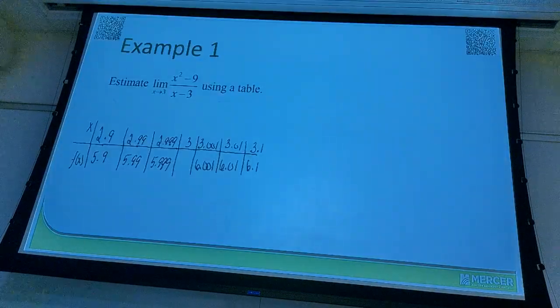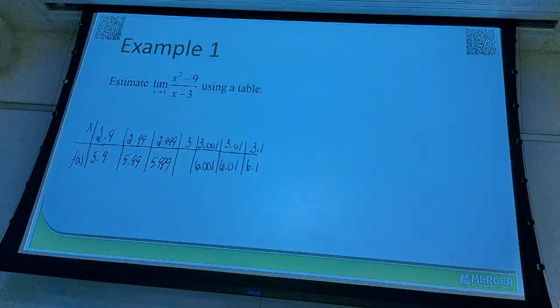And again, what it does at 3 is irrelevant. By the way, what is it at 3? It's undefined. It's 0 over 0, which is undefined. But the limit does exist, right? What's the limit? 6. The limit is exactly 6, but for our purposes right now, what we can say is it appears to be 6.